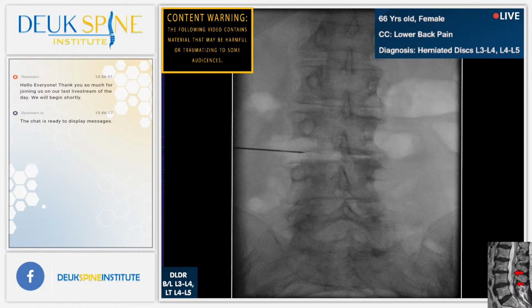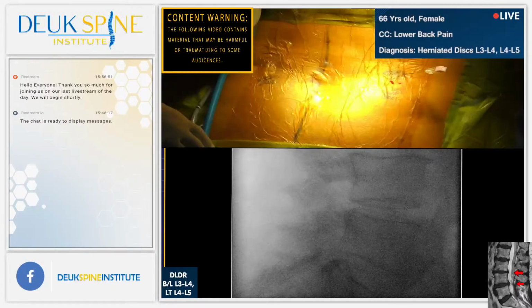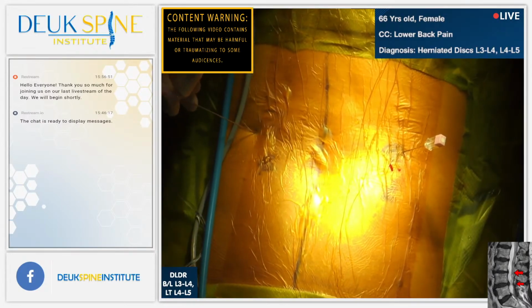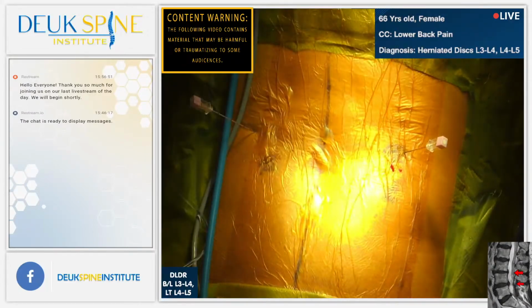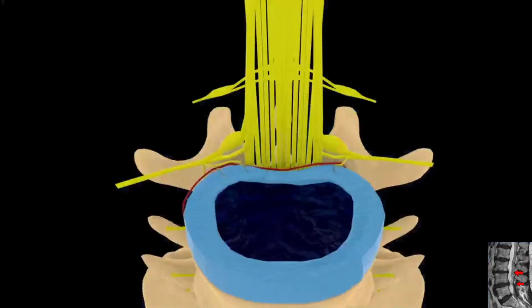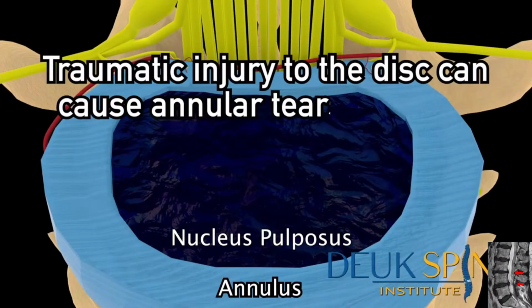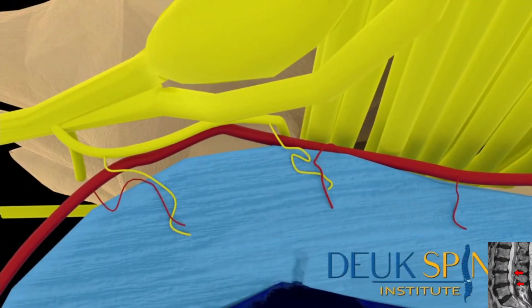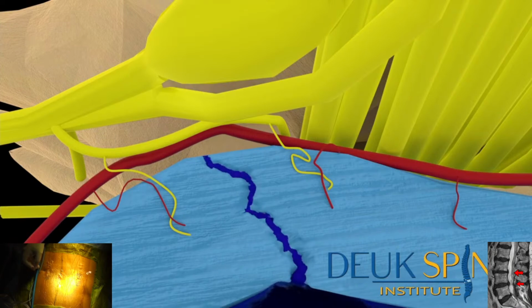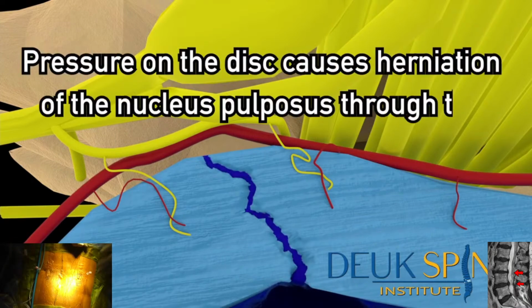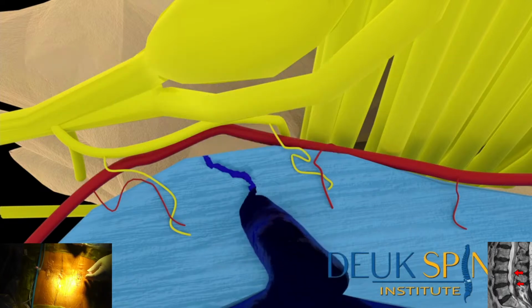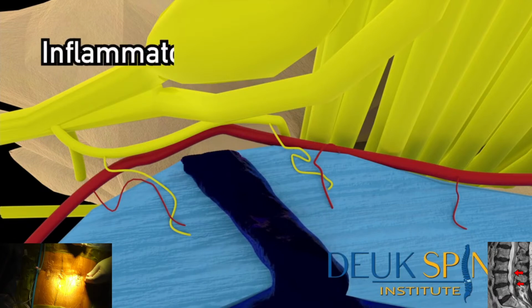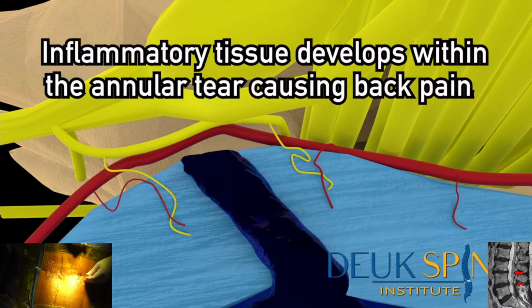All right, so Henry, do you mind showing our audience why a herniated disc can cause so much back pain? Traumatic injury to the disc can cause annular tears to form. Pressure on the disc causes herniation of the nucleus pulposus through the annular tear. Inflammatory tissues develop within the annular tear, causing back pain.